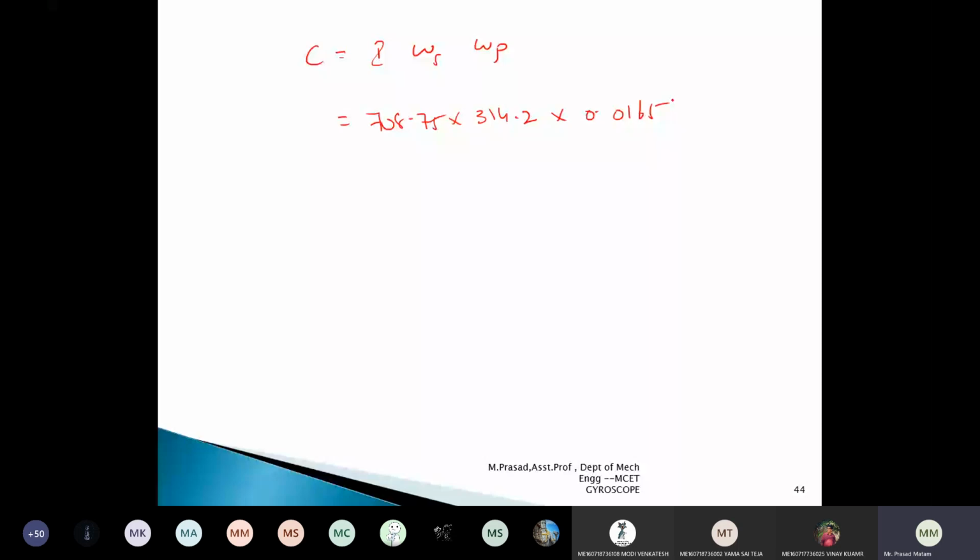On solving, the answer is 3.6 kilonewton meter. It is a product, not a division. This is the couple we are getting. With this we will wind up this problem.